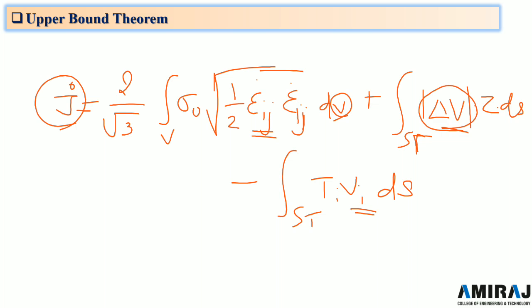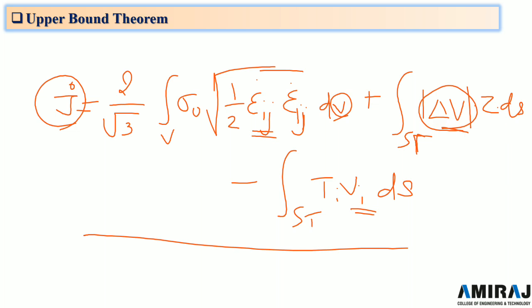For instance, in the cold rolling of sheets, back tension is often applied. The rolls pull the sheet against the back tension. The rate of energy being consumed due to back tension forms part of the third term. So this is the equation for the upper bound theorem, which has to be satisfied for plastic deformation and the velocity field to be formed, and we can calculate the die load as well.